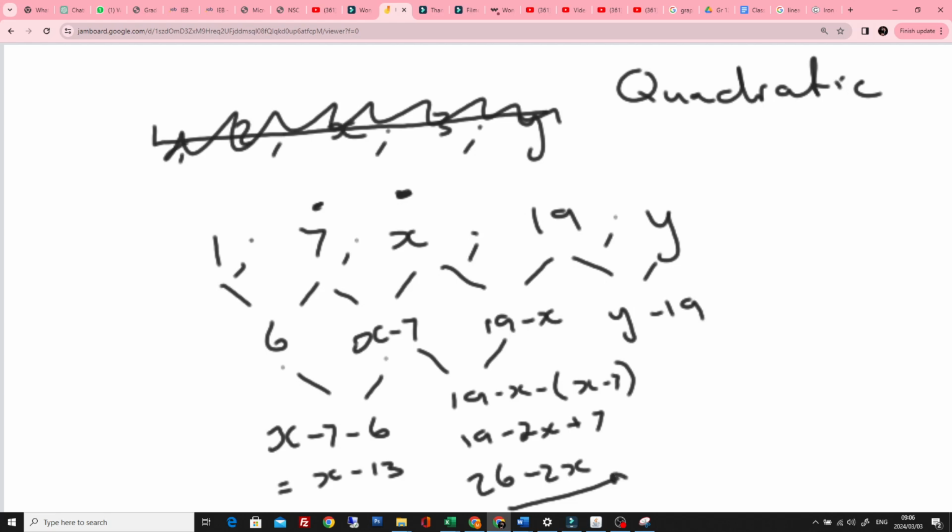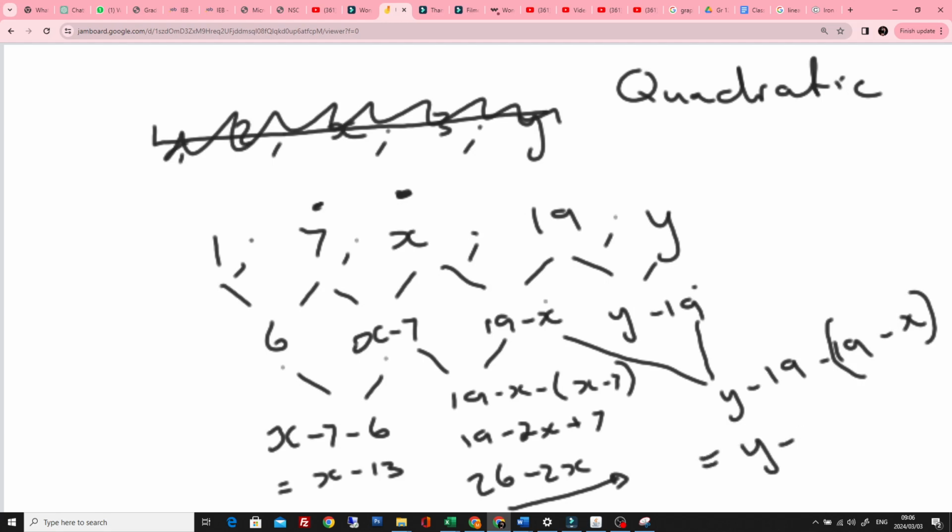Okay, be very careful when doing those types of things. For the next difference between those two, always this side minus that side, so it would be y minus 19 minus 19 minus x. I'm minusing the entire thing, put it in brackets. It's going to be y minus 19 minus 19 plus x.